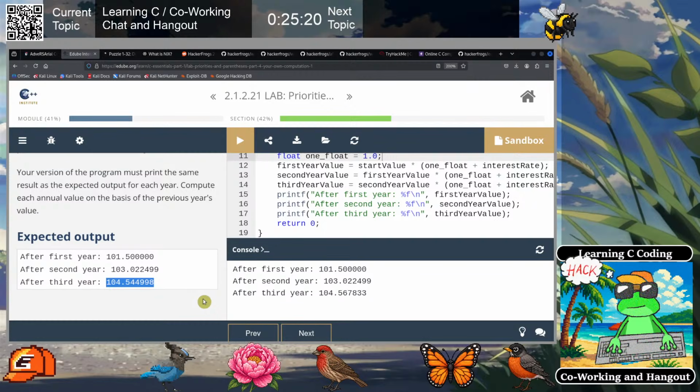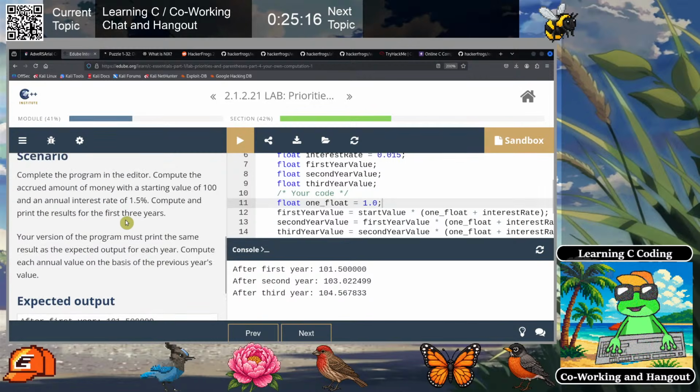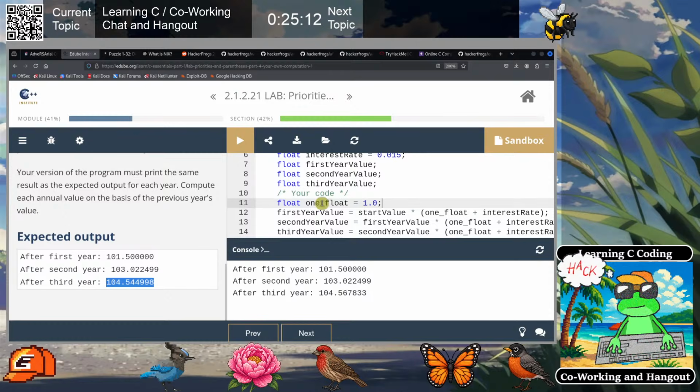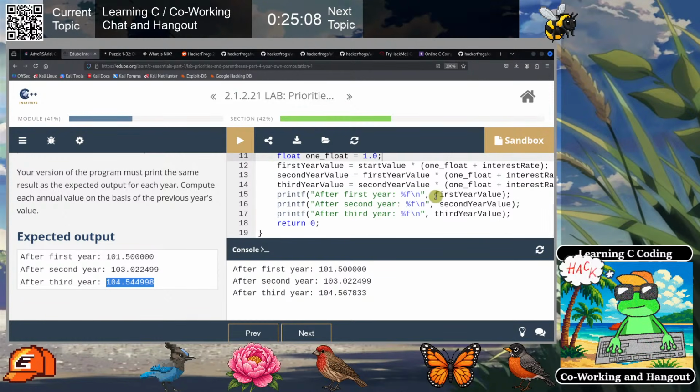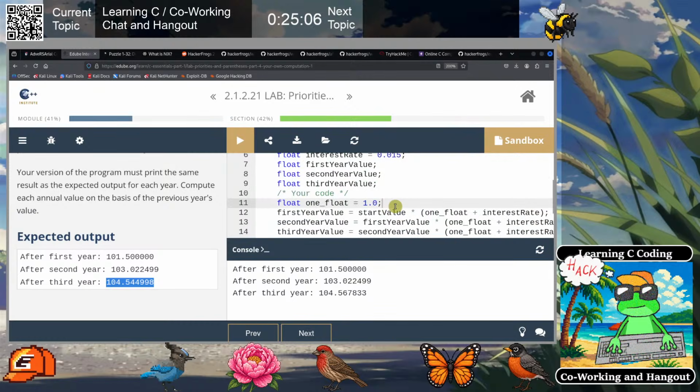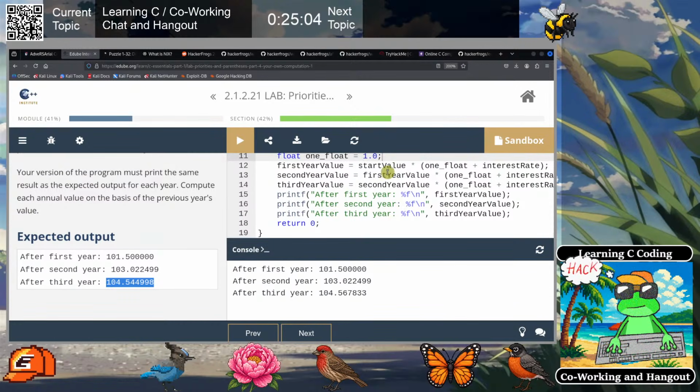How do we compute and print the results for the first 3 years? Maybe if we take a different method for calculating the first year, second year, and third year value. We definitely want to multiply the start value by something.